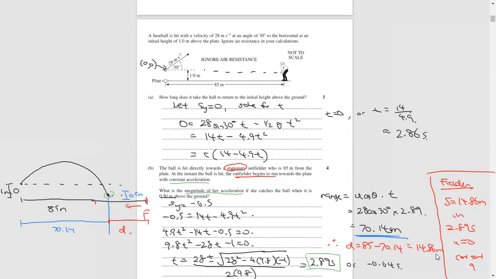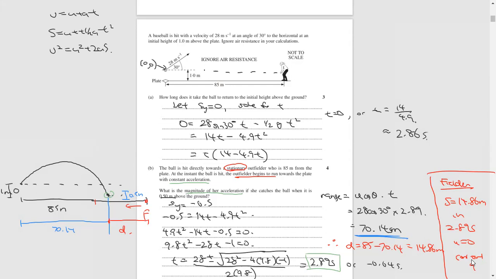And now you just use your SUVAT. If you consider your SUVAT equations, you've got v equals u plus at, s equals ut plus half at squared, and v squared equals u squared plus 2as. Now, the most applicable formula would appear to be s equals ut plus half at squared, because of course we know t, we know s, and we need to find a.